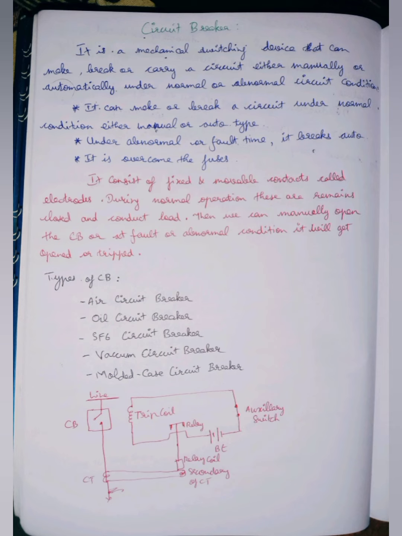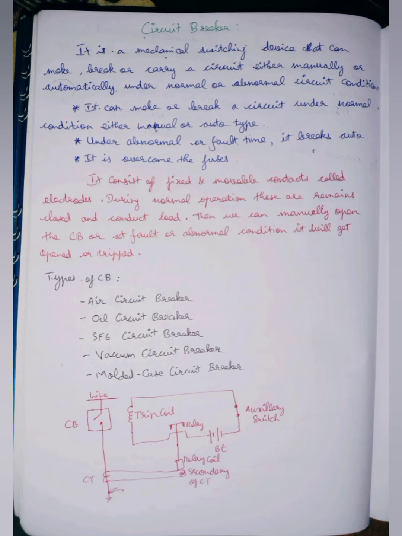Next, it consists of a fixed and a movable contact called electrodes. During normal operation, these remain closed and conduct the load. Then, when there is any need of manual shutdown, or under an abnormal or fault condition, the circuit breaker movable contact will move and tripping will be initiated.